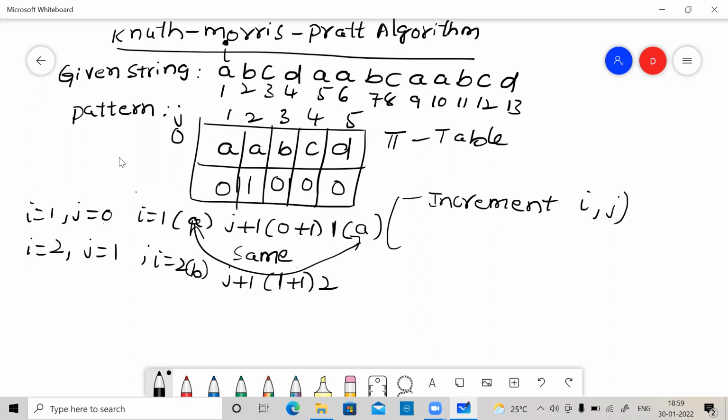So at j equal to 2, what value do you have? At i equal to 2, you have B. So both are a mismatch. These two values are not the same.